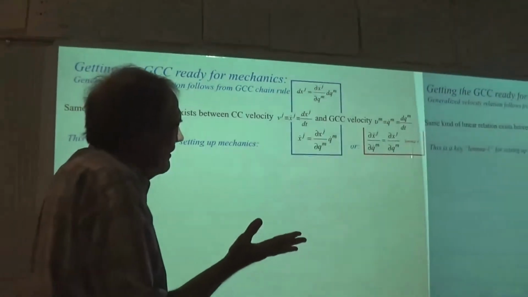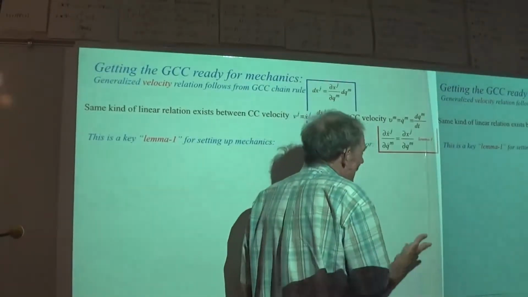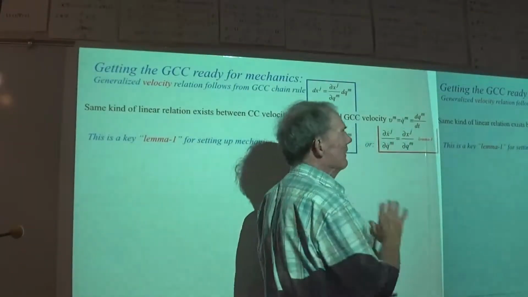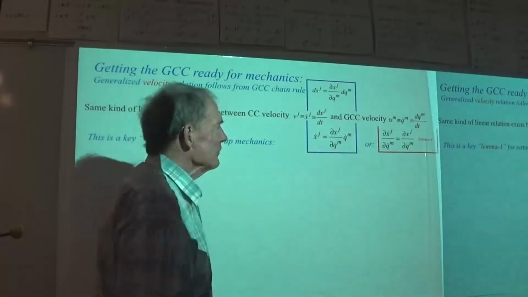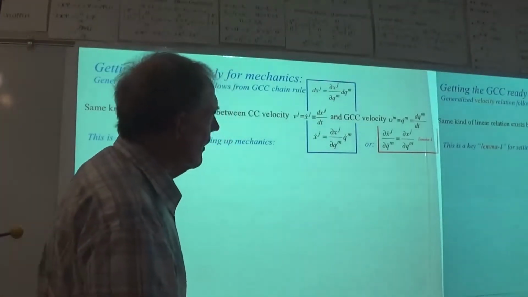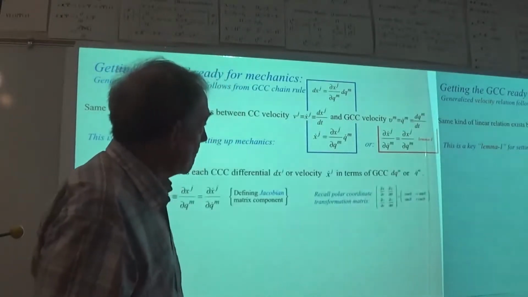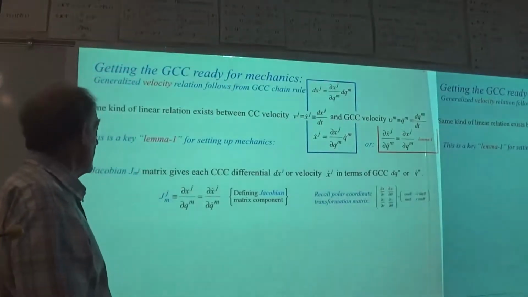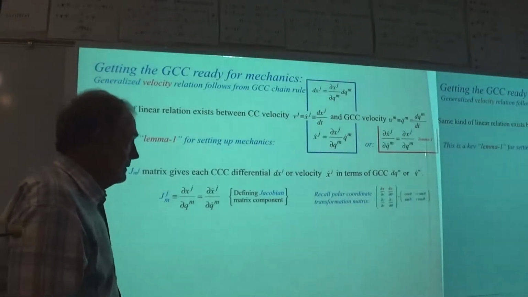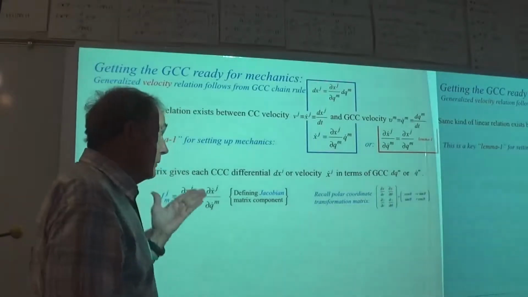I mean, it's pretty obvious a lemma, but I decided to make a big fuss about it because there's another one that's not so obvious. It goes with it. And if you don't have these, you don't go to Lagrangian very easily. So, as I say, this Jacobian matrix, this is it right here, does double duty.